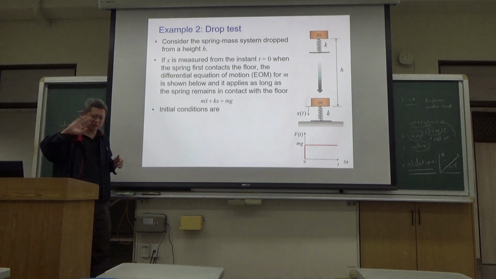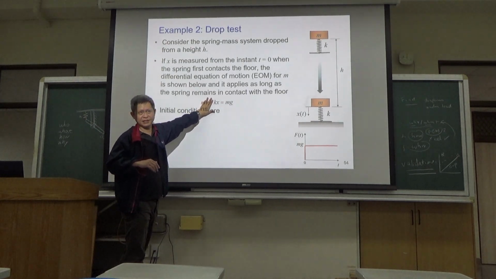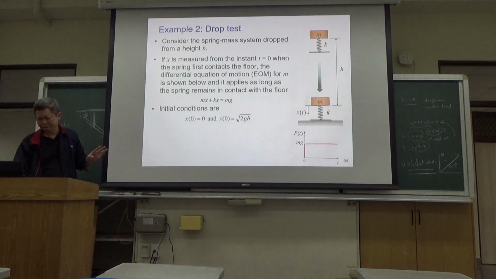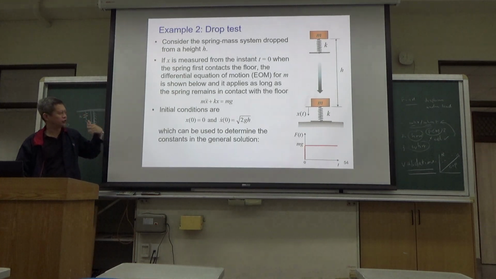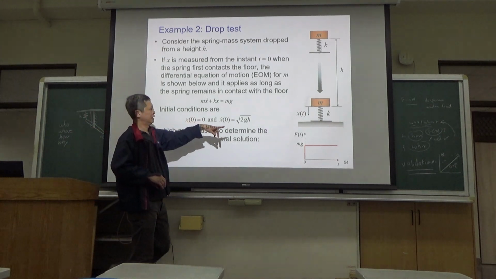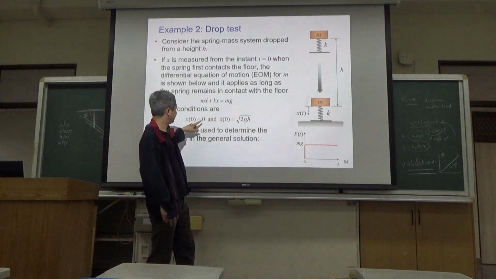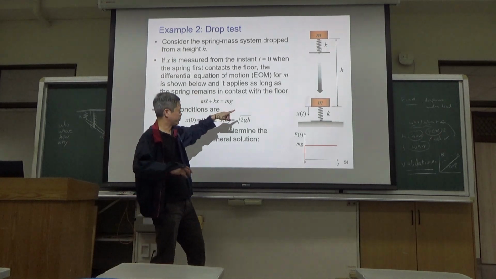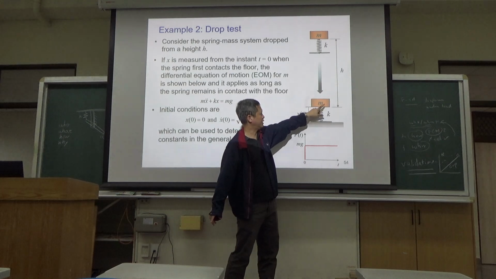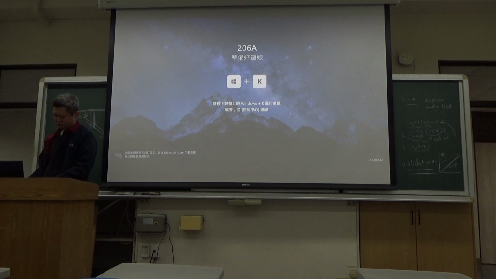You still do your structural analysis to estimate the stiffness, but you use the analytical formula to predict how much your acceleration is upon contact with the ground. Upon contact with the ground, your suspension or your spring is unloaded, but at this point it has a starting speed, which is the square root of 2gh.